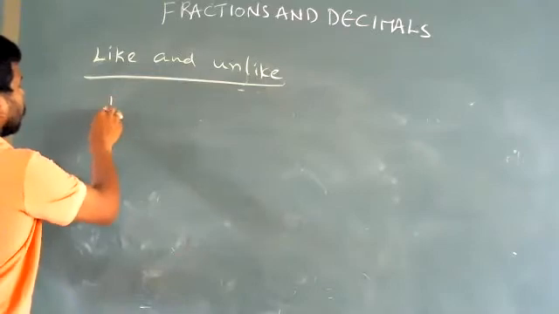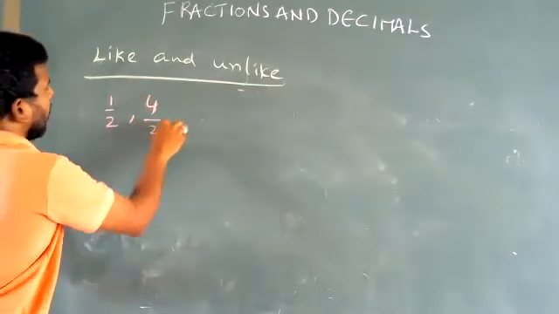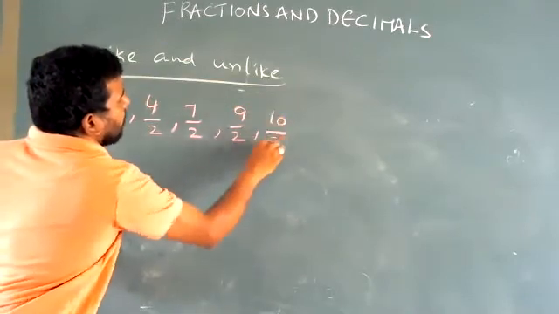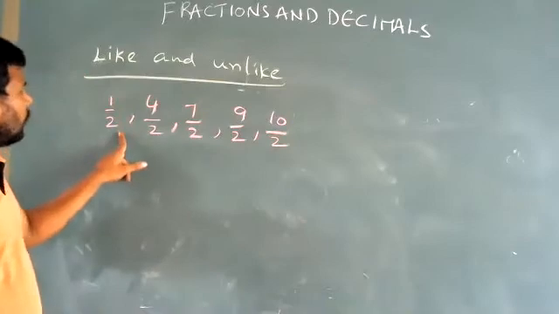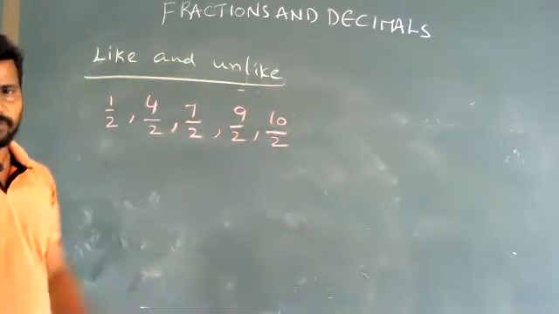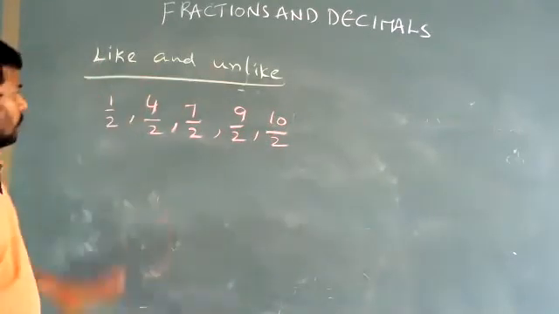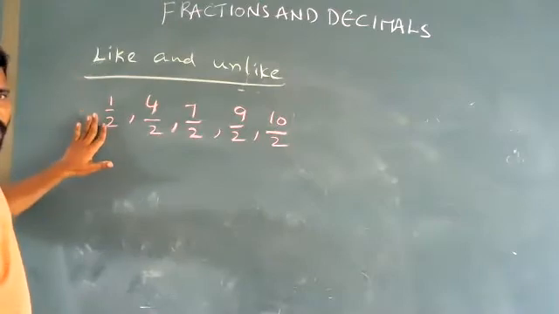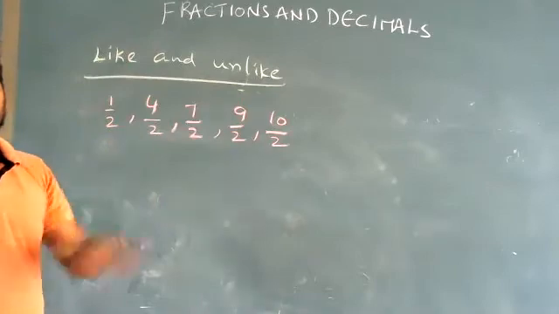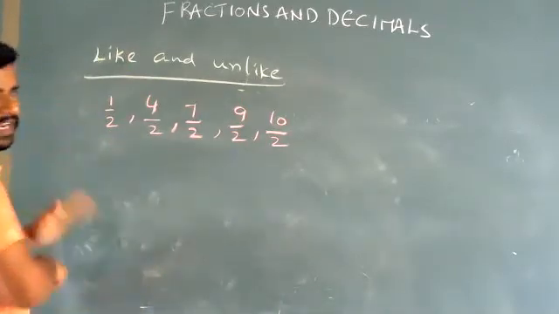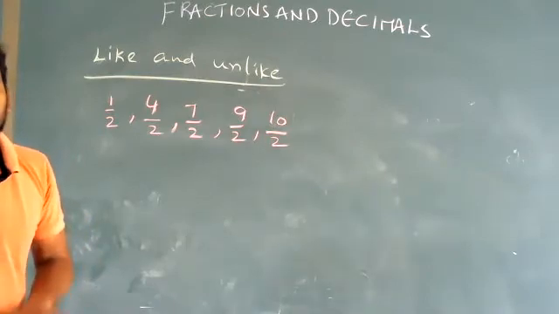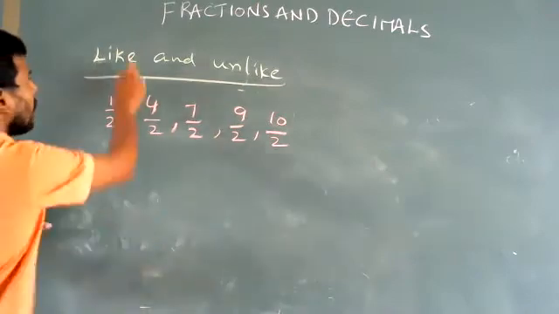For example, 1 by 2, 4 by 2, 7 by 2, 9 by 2, 10 by 2. So these are all fractions. Here the denominators are 2, 2, 2, 2, 2. All are 2. All denominators are the same. So fractional numbers having the same denominators, that type of fractions are called like fractions.